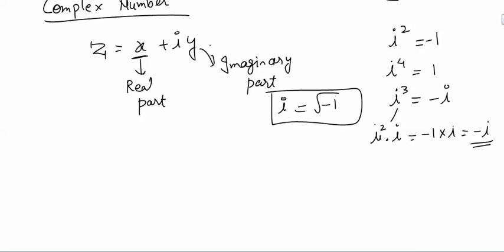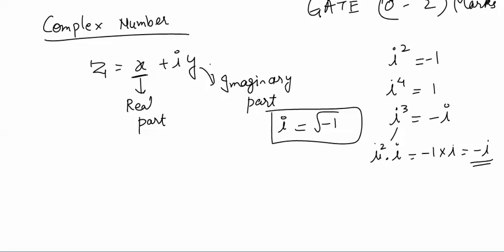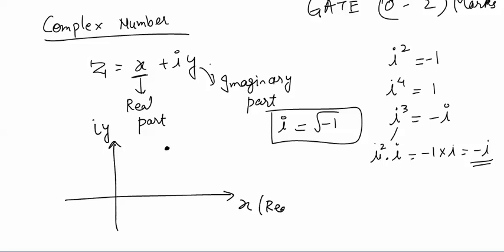So we know about complex numbers. Now they are represented on a complex plane. Let's say this is a complex number x plus iota y. This is your y axis, and this is your x axis, or we call it the real axis, and this is called the imaginary axis.